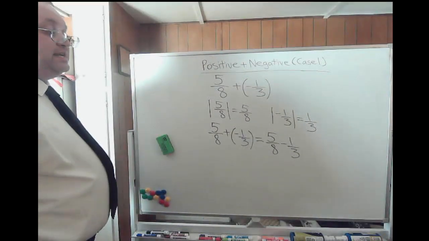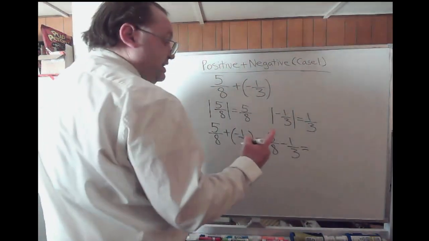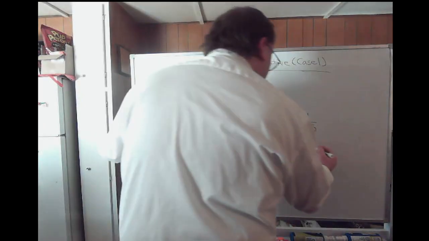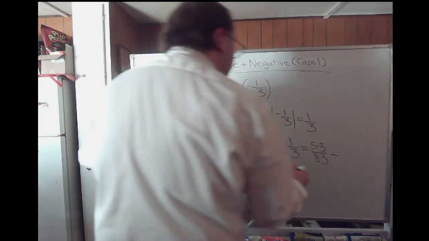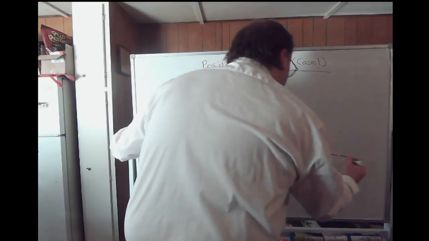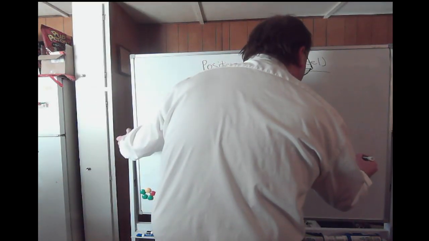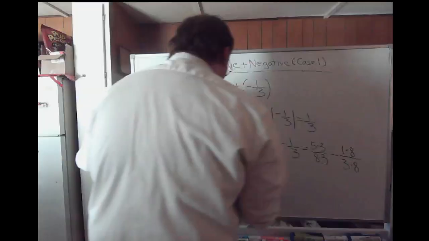And the least common denominator between 8 and 3 is 24. So to get there, you'll have to multiply 8 times 3, which means you got to multiply 5 times 3 in the numerator. Then you'll have minus, in order to make 3 into 24, you got to multiply by 8, which means you got to multiply that 1 in the numerator by 8.